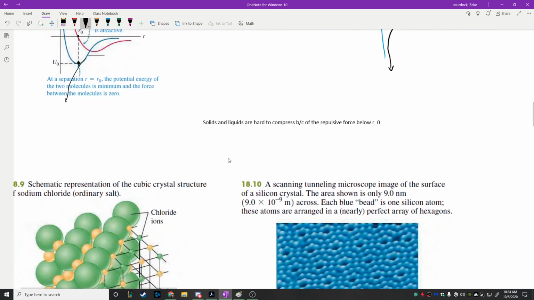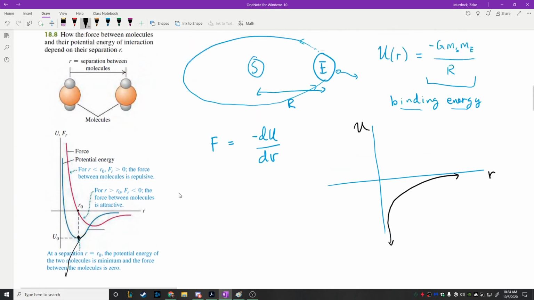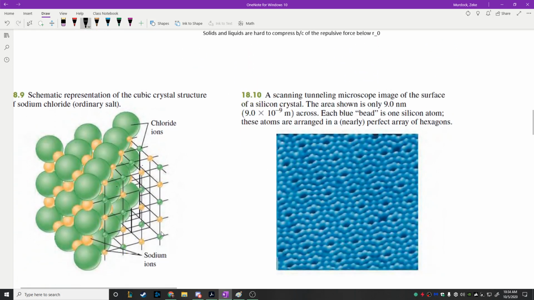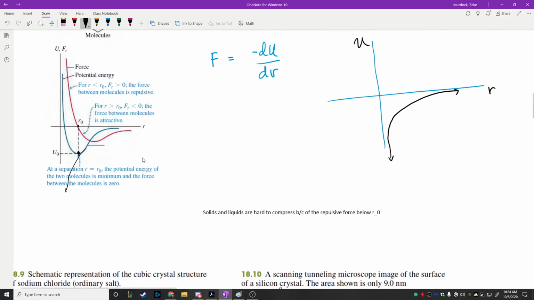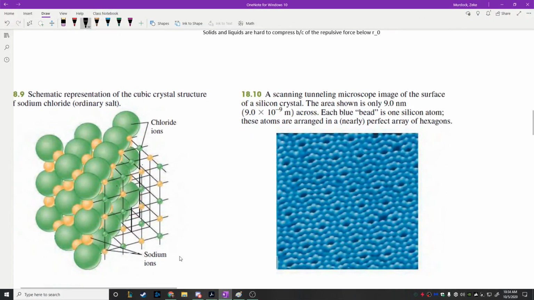In the case of solids and liquids, these molecules tend to arrange themselves at this fixed spacing, at this equilibrium position. If they're displaced from the equilibrium position, they vibrate around it. For solids, this is supposed to represent salt, they form what's called a crystal lattice, a cubic crystal structure.